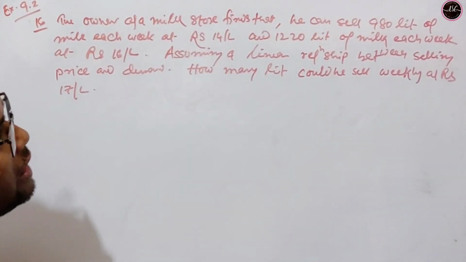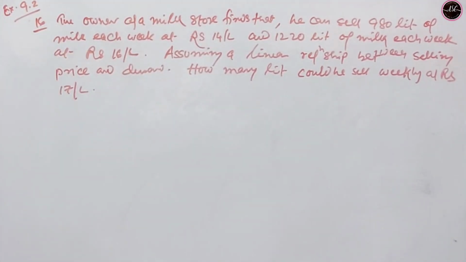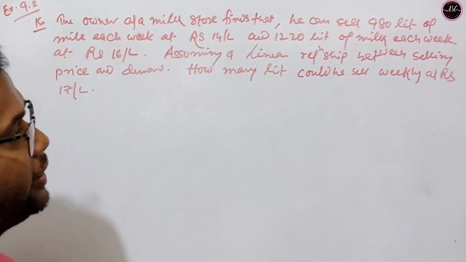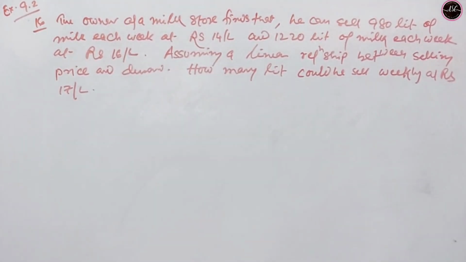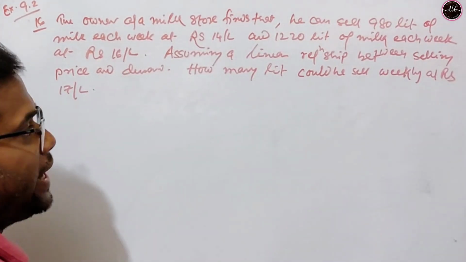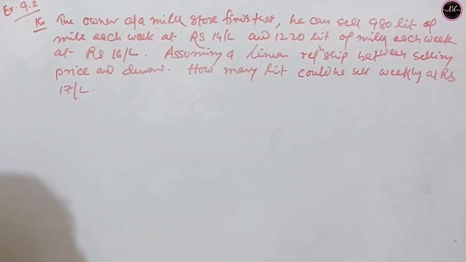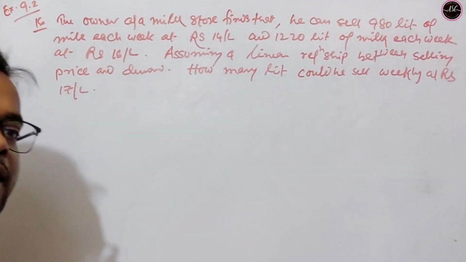The owner of a milk store finds that he can sell 980 liters of milk each week at rupees 14 per liter, and 1220 liters of milk each week at rupees 16 per liter. Assuming a linear relationship between selling price and demand, how many liters would he sell weekly at rupees 17 per liter?